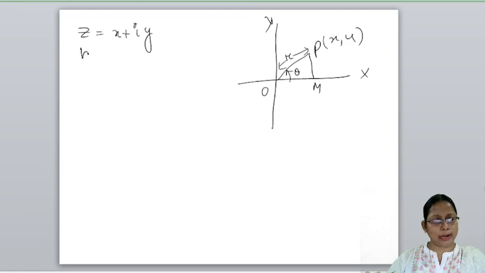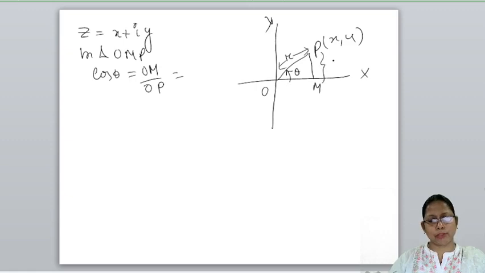Then in triangle OMP, cos theta is OM by OP, that is equal to x by r, as the coordinate of P is (x, y), so this portion is x and this portion is y.